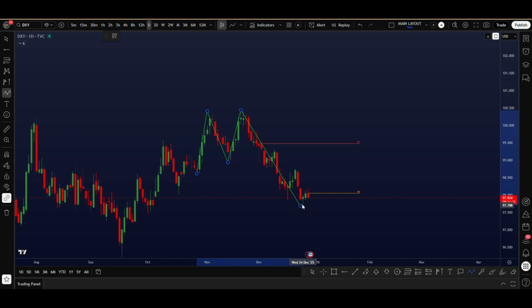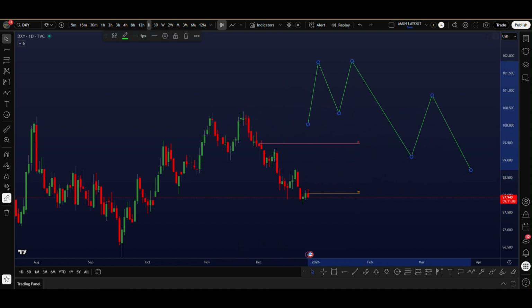I can expect, for example, it's not advice or whatever, just an example of how I use the weekly and monthly open. I expect, for example, price to come back to this zone and then try to short it, take a short.